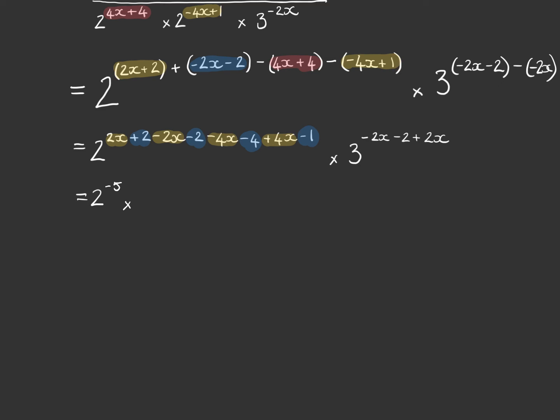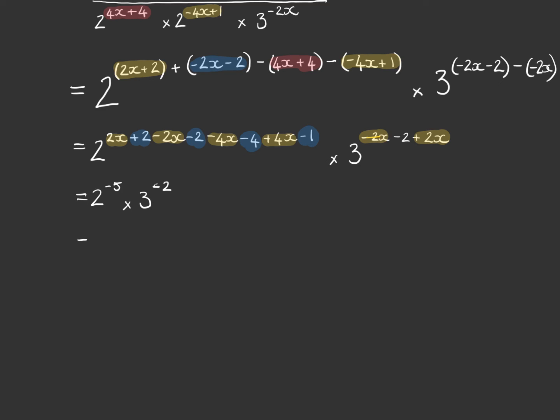And after that, we've got 3 to the power of, minus 2x and plus 2x, well that's 0, so that means we're just left with 3 to the power of minus 2.